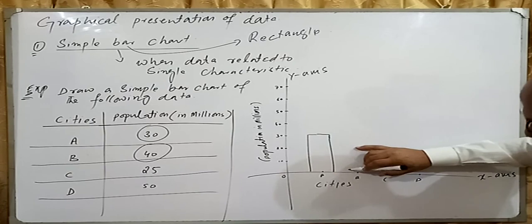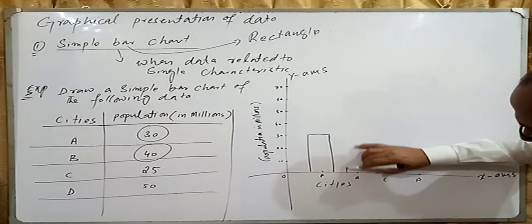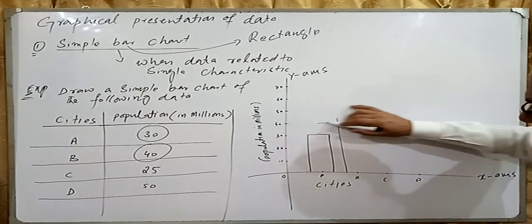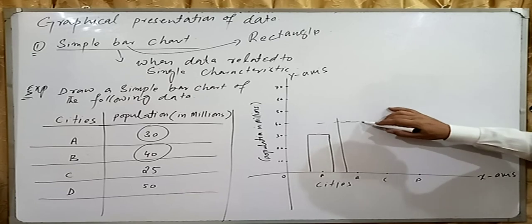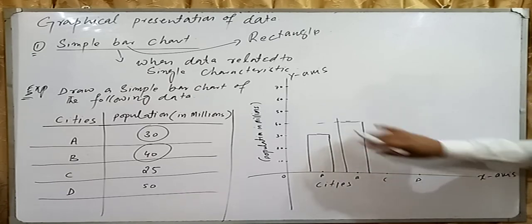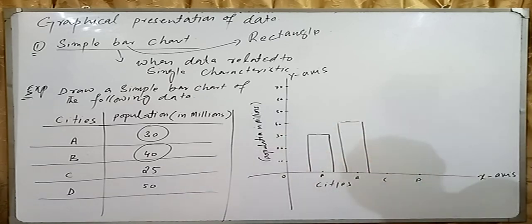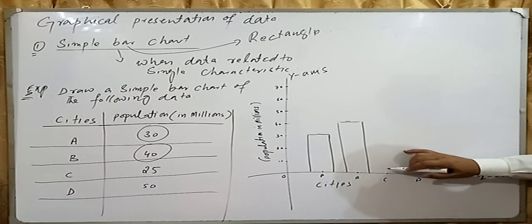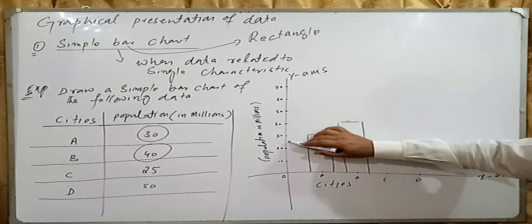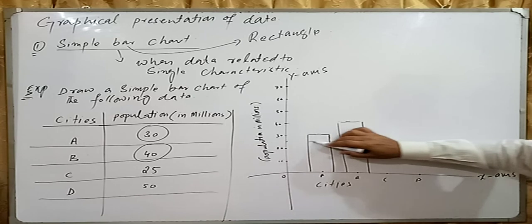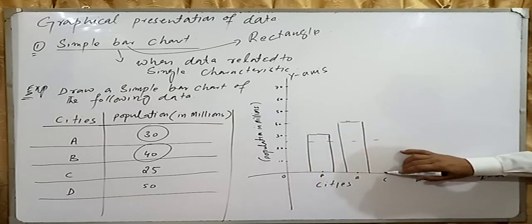The second one is the height up to 40. So give height up to 40. Now this is the second one. The third one is 25. So 25 lying between 30 and 20. So it becomes like this.